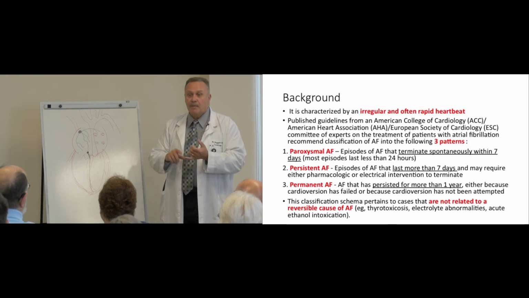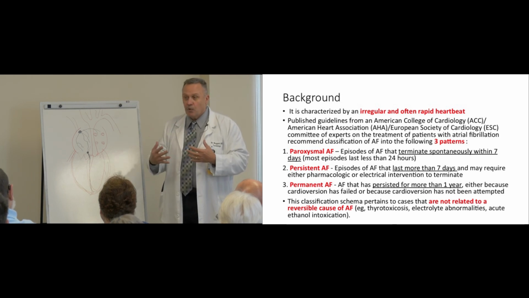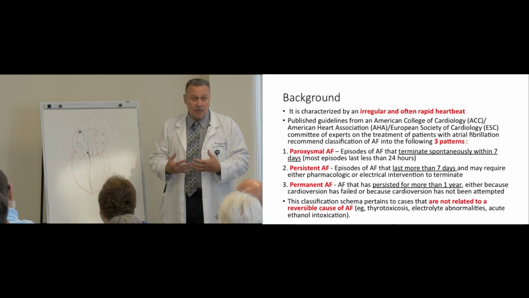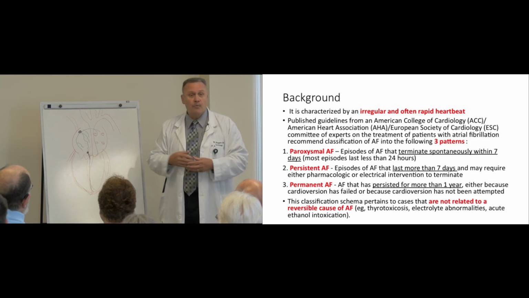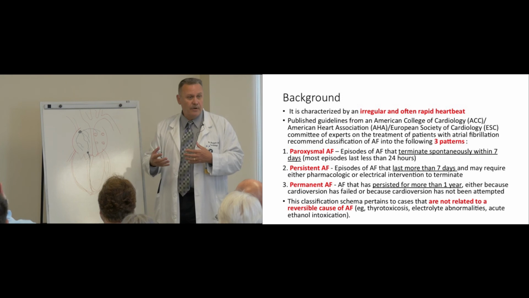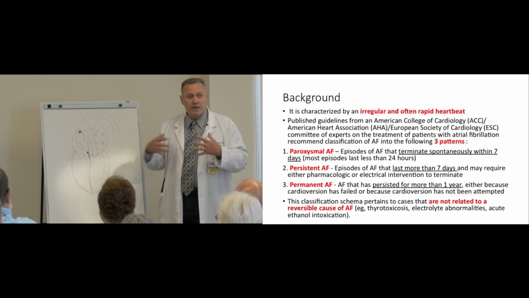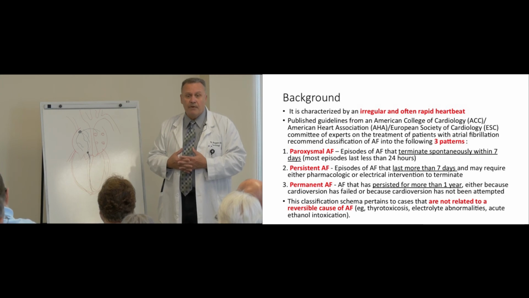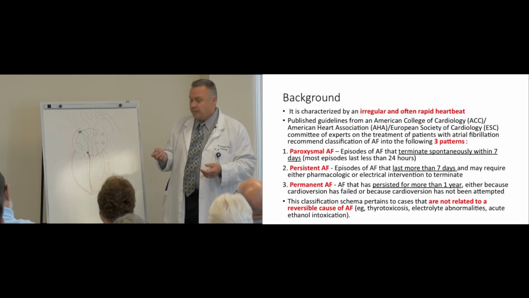People get dizzy, people have palpitations or irregular heartbeats, they can get short of breath, they can even pass out. And typically the lower chambers are going to run at around 110 to 140. Rarely over 160 or 170, but usually around 130, 140 you'll be seen, unless they're on medications or unless they have other reasons for their atrial fibrillation.